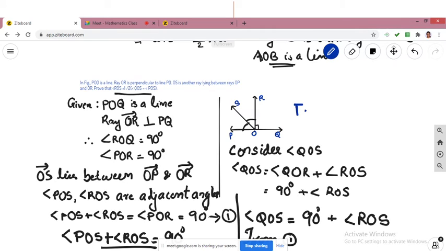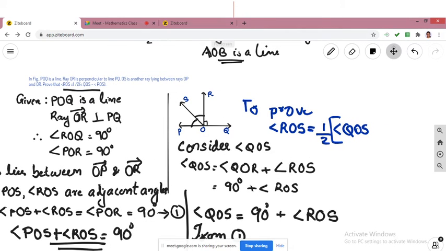We need to prove that angle ROS is equal to half of angle QOS minus angle POS.